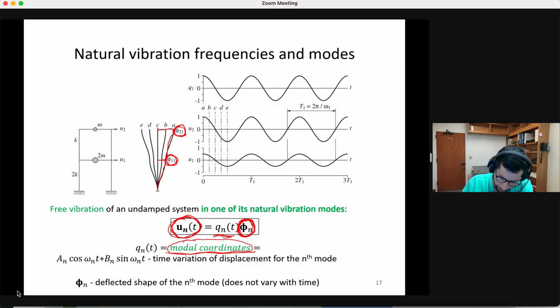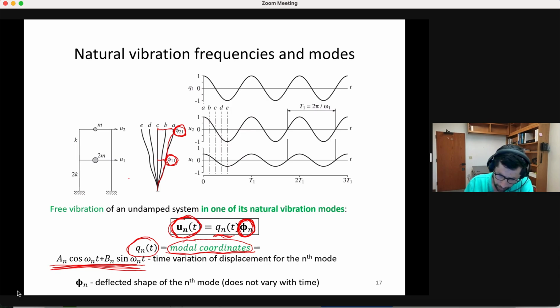Well, how is the function of the modal coordinate going to look like? Well, I understand that this is a free vibration response, and therefore it must be similar to the free vibration response which we have studied for single degree of freedom system. So for single degree of freedom system, the law for free vibration response was written as an cosine omega n t plus bn sine omega n t.